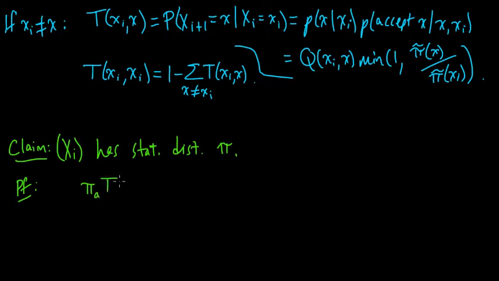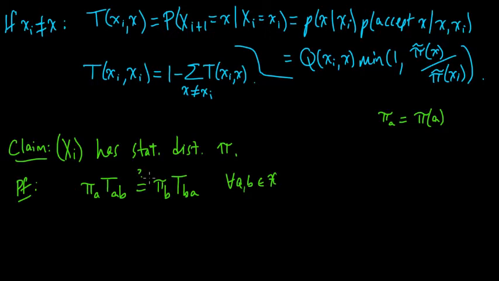Detailed balance is, of course, just, I'm using this shorthand, pi a for pi of a. I switch back and forth between these two, so hopefully that doesn't confuse you too much. So we need to check that this holds for all pairs of states A and B. Does it hold?